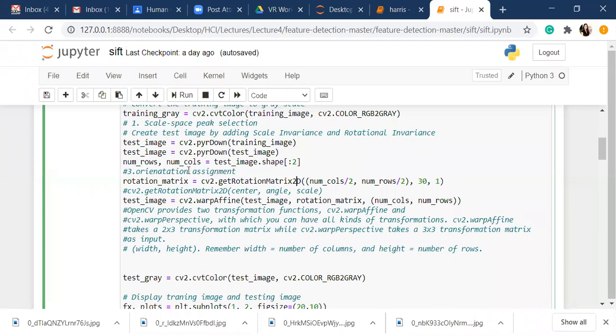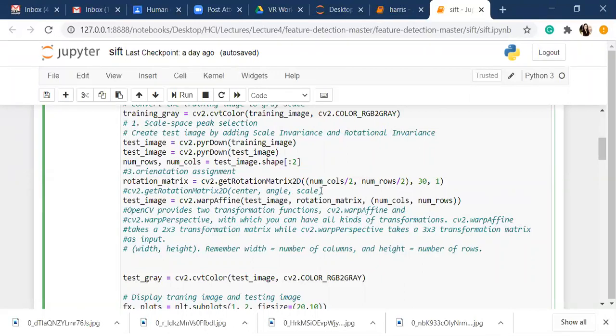For the orientation assignment, there is already a method for the histograms, taking the bins and choosing the values greater than 80%, which you do not need to do manually. You just have to use getRotationMatrix2D.